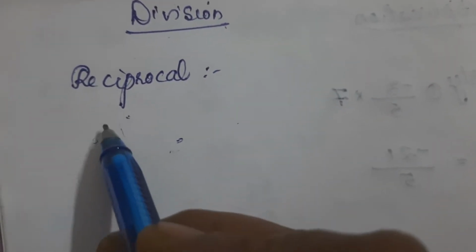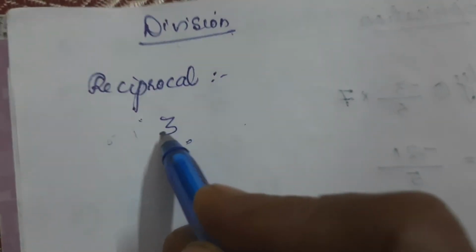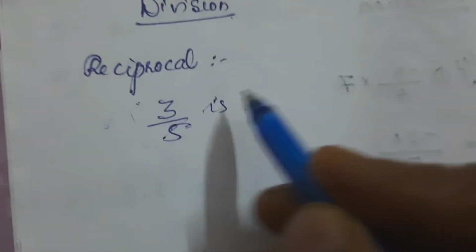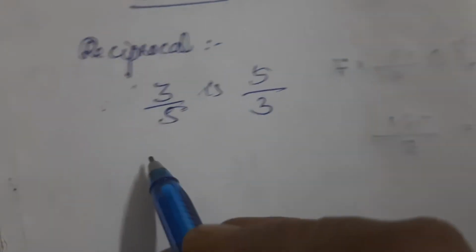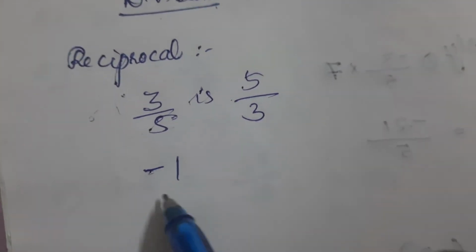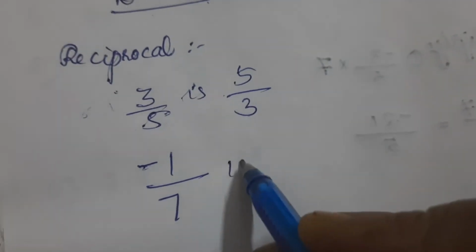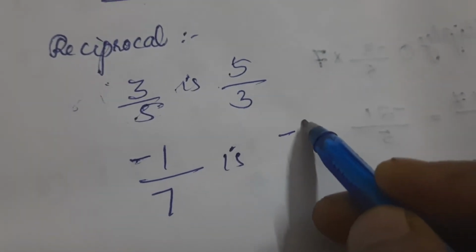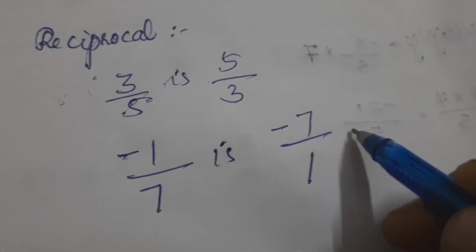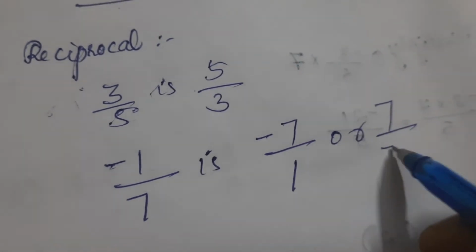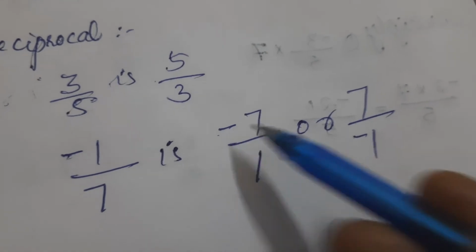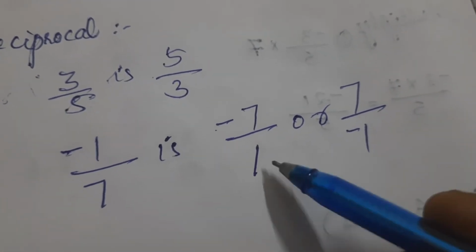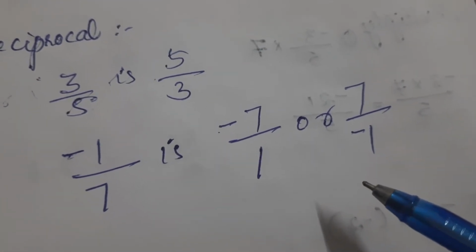So, the reciprocal of 3 by 5 is 5 by 3. Same way, the reciprocal of negative 1 by 7 is negative 7 by 1 or 7 by negative 1. Both are the same. If you put the negative in the numerator or in the denominator, the value is the same.